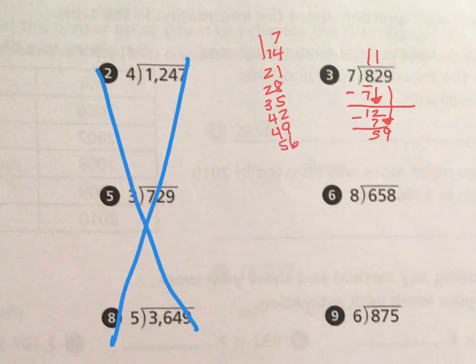That's as close as I can get without going over. And that was 1, 2, 3, 4, 5, 6, 7, 8 groups of 7. So I put my 8 up here, and then I take that 8 times the divisor, 7, which is 56. I subtract, 59 minus 56 is 3, and that is my remainder.